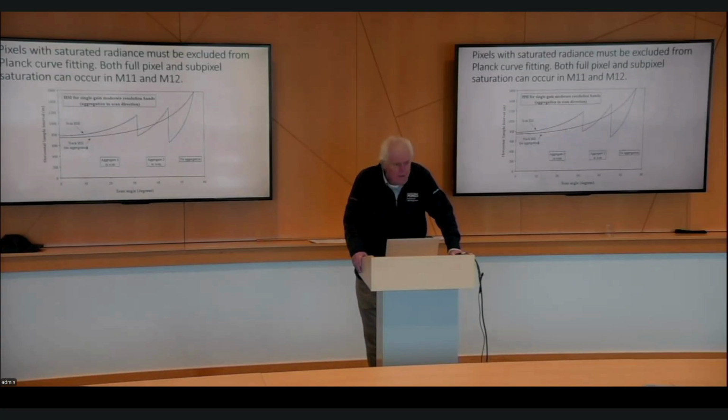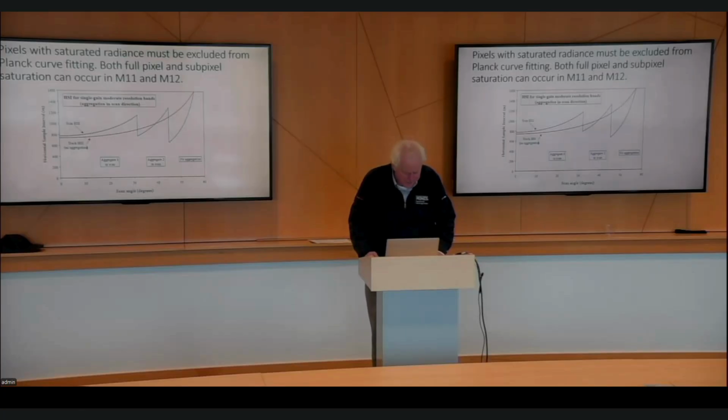All right, now I'm going to talk about saturation, because it is absolutely essential that you not include saturated radiances in your Planck curve analysis. It just throws a real monkey wrench into your analysis.